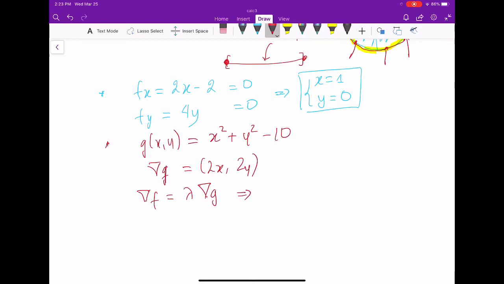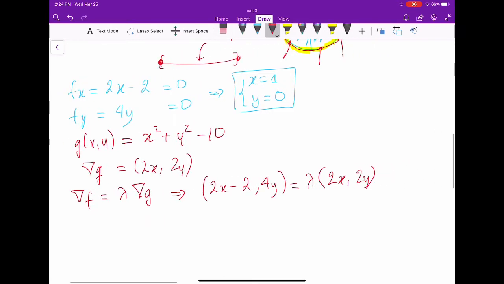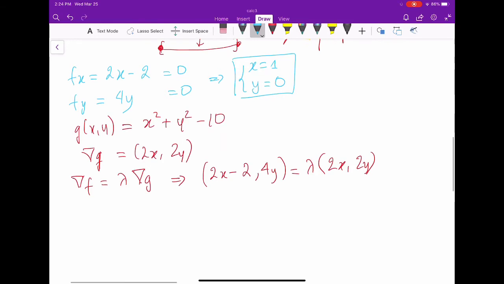That means 2x minus 2 and then 4y equal to lambda 2x and 2y. You see, from here you can simplify 2. Anyway, let's write it down. You have 2 times x minus 1 equal to 2 lambda x, and then 4y equal to 2 lambda y.